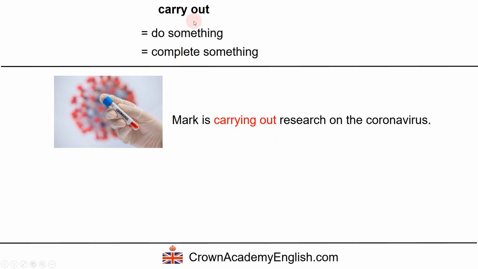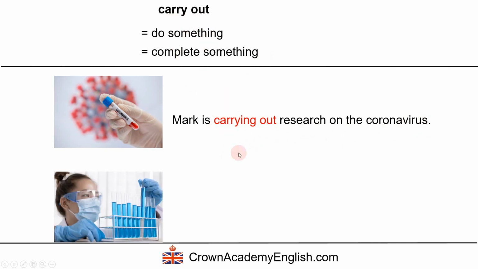We also use this word for experiments. So Jane is carrying out a series of experiments. Carrying out. And here we have the present continuous. Do something or complete something.